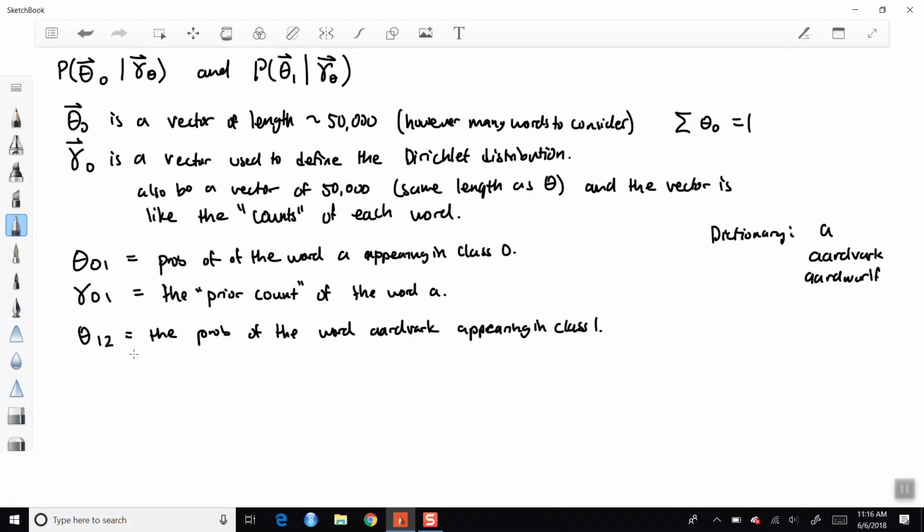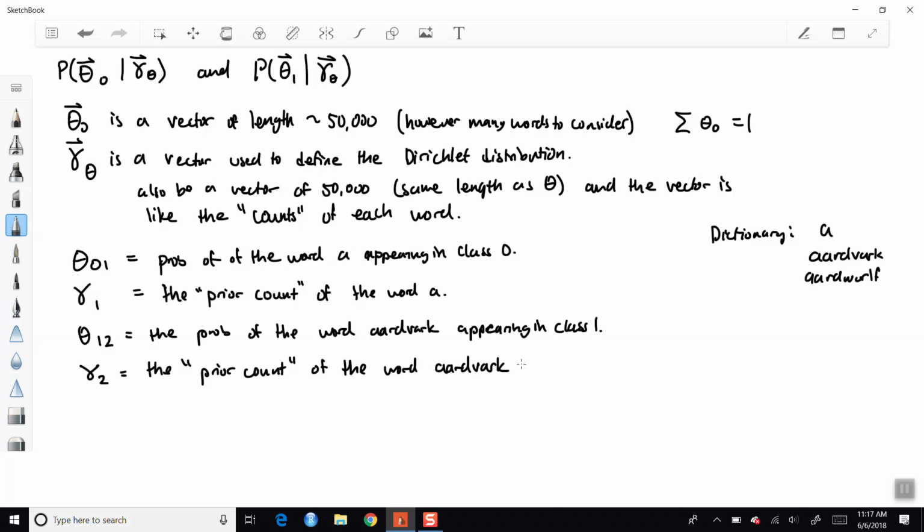Or actually, I'm sorry, we don't distinguish between gamma 0 and gamma 1. So I apologize. Gamma 1 is the prior count of the word A for both, and then gamma 2 would be the quote-unquote prior count of the word aardvark.